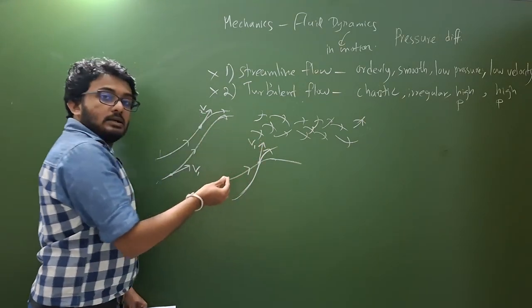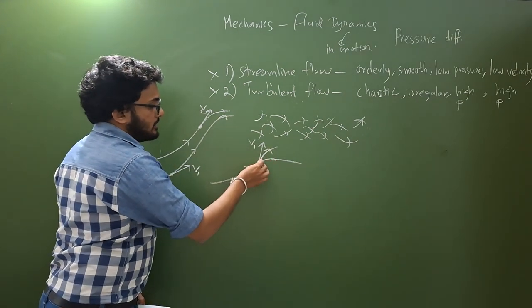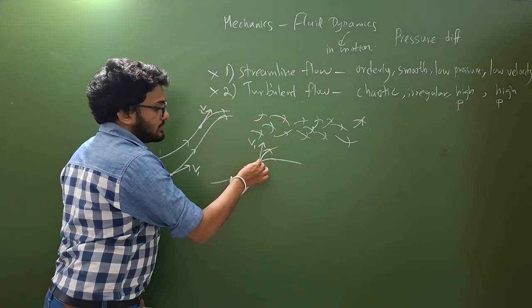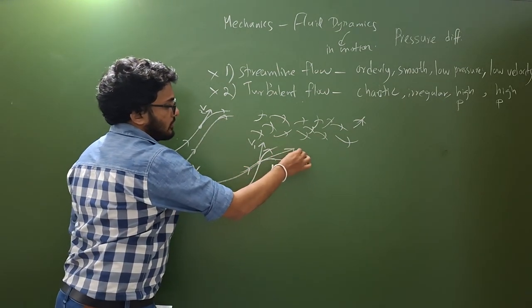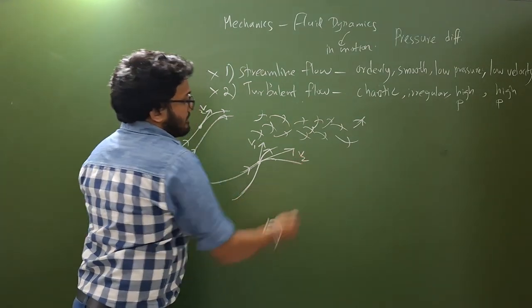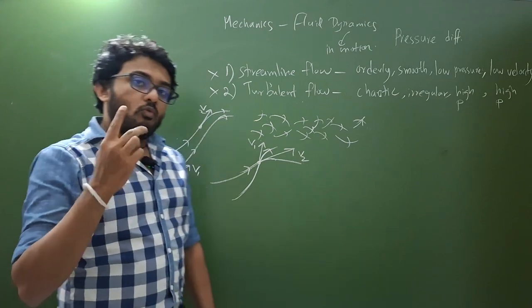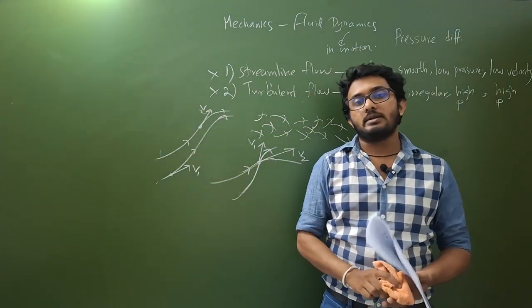The same particle is also on this streamline. So if I draw a tangent to this streamline, I get the direction of velocity as this. Can there be two velocities for one fluid particle? No, there cannot be two velocities for one fluid particle.